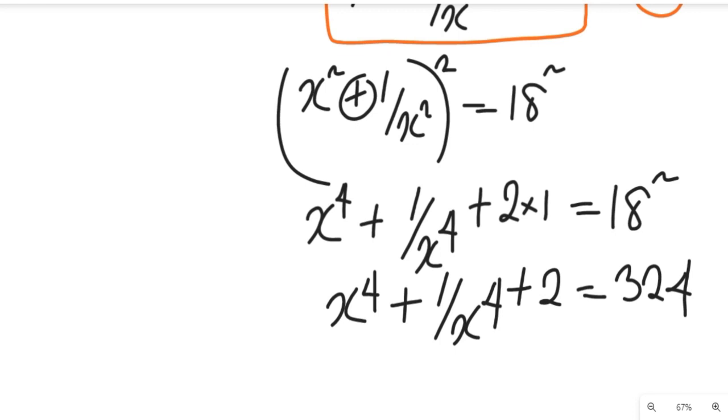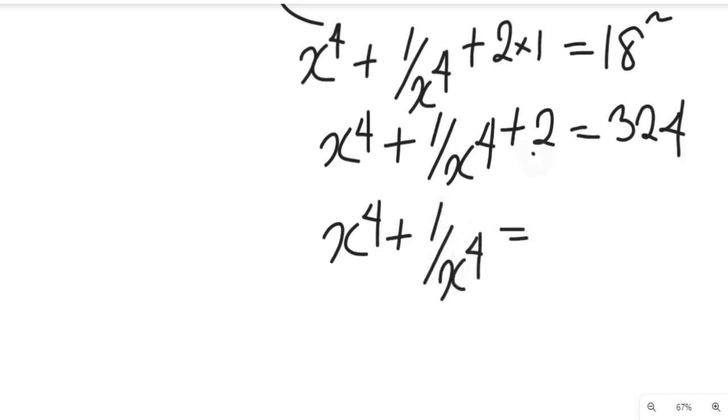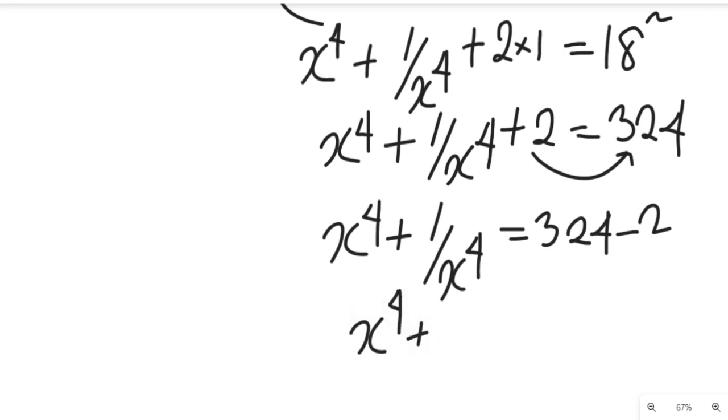So this 2 goes over here to give us 324 minus 2, and this whole expression gives us x to the power of 4 plus 1 divided by x to the power of 4 equal to 322.